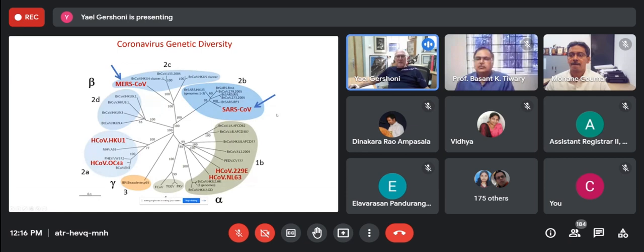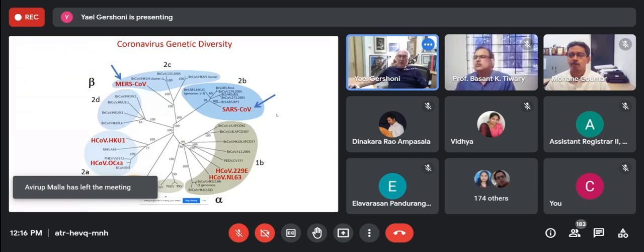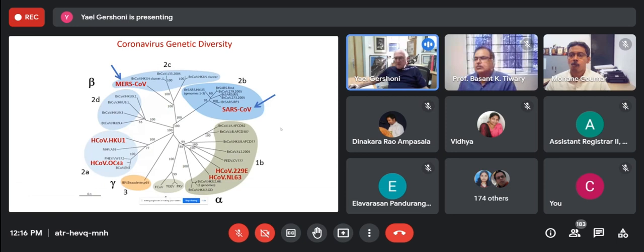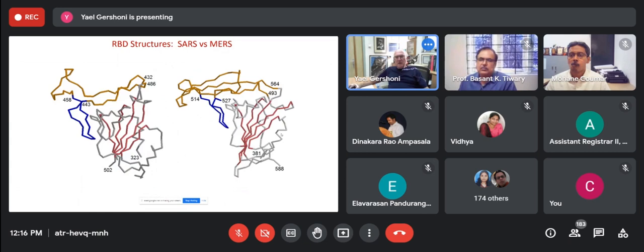And so we decided to try to implement the reconstitution protocol with MERS. And initially, we decided to construct a library and test to see if it would allow the reconstitution of the RBM.